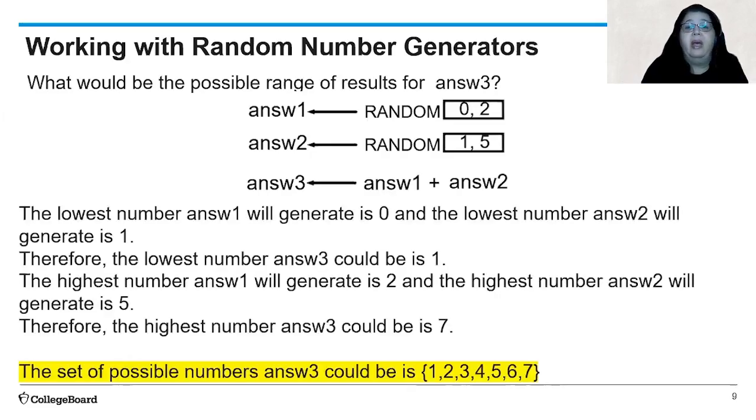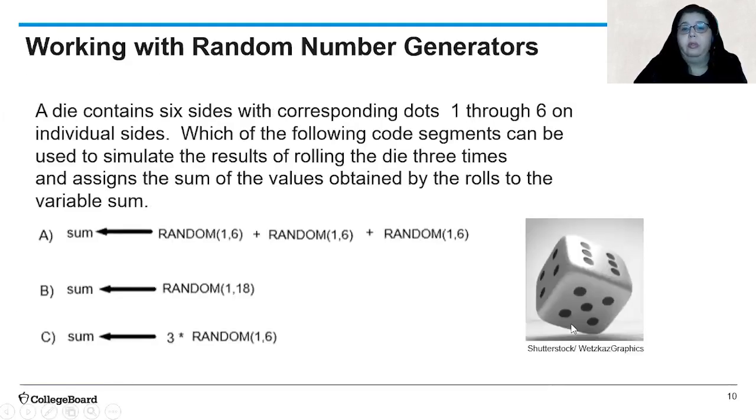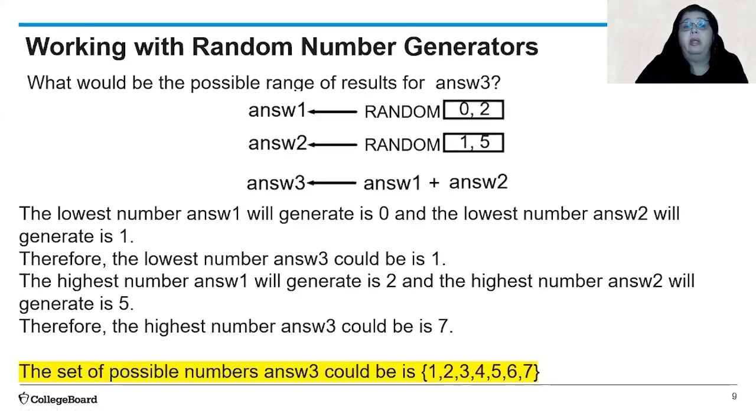Welcome back. If your answer is 1, 2, 3, 4, 5, 6, or 7, you nailed it. Great job. The lowest number you can get from answer 1 is 0, and the lowest number you can get for answer 2 is 1, so you add the lows and get 1.